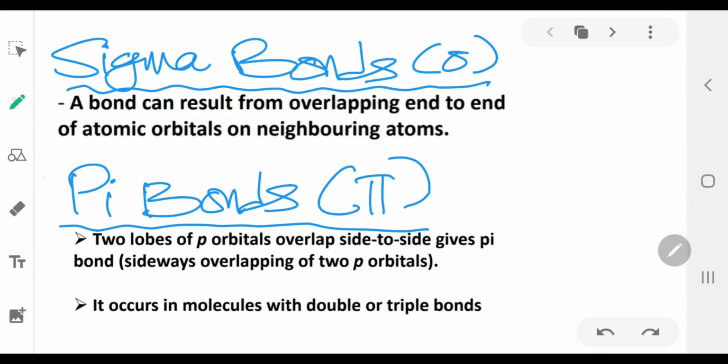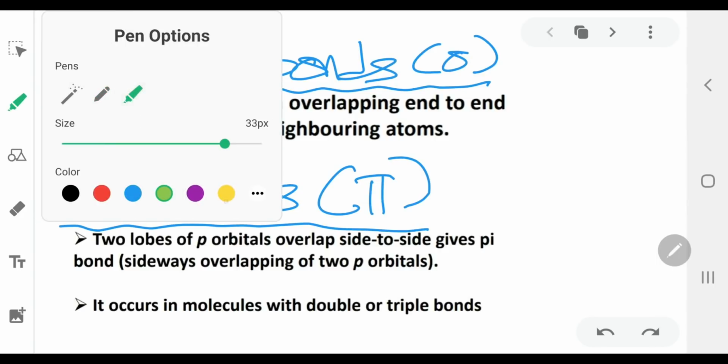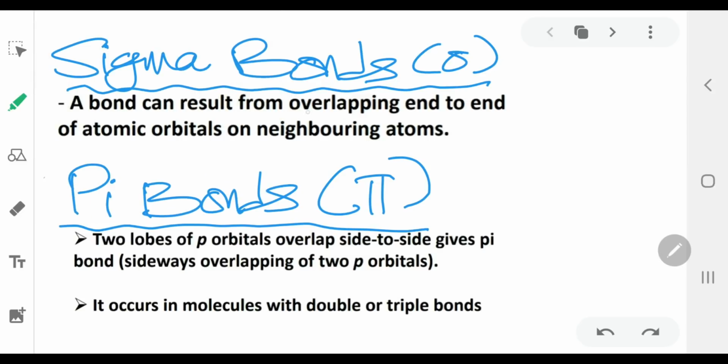Okay? So, it is clear that when you want to know about bonds, you need to know that the formation of covalent bonds is the overlapping between two atomic orbitals.